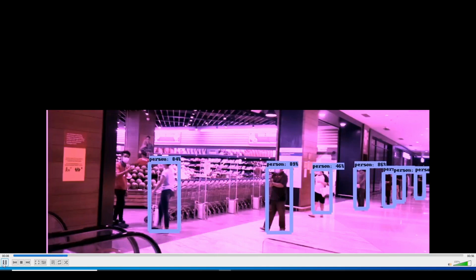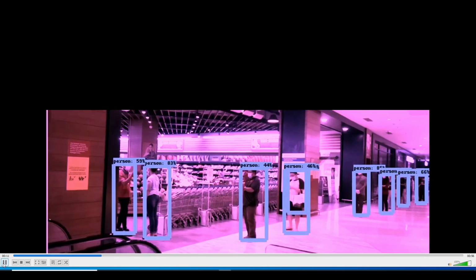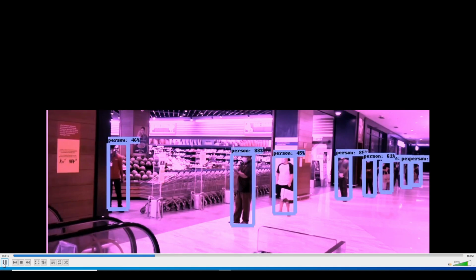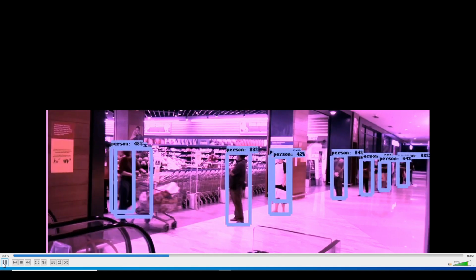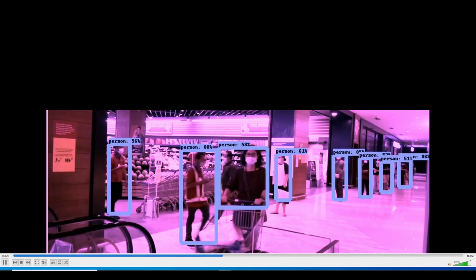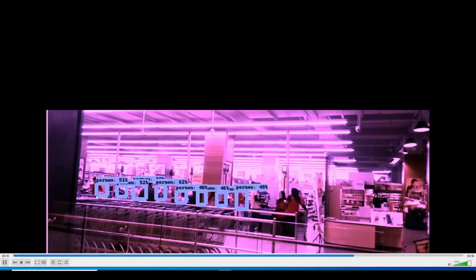Okay, this is a video that we got from our second prototype system. As you see, the system starts to detect the people that are in the queue, and also the person that I am going to explain to you on the picture that was already taken. These are the cashiers, as you see here, and the people at the cashier. The quality of the camera is good enough for us to detect the people.